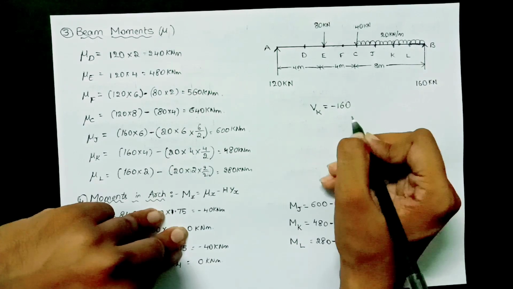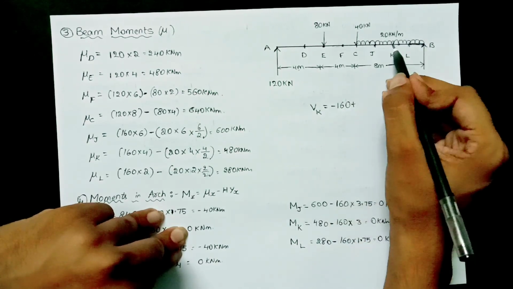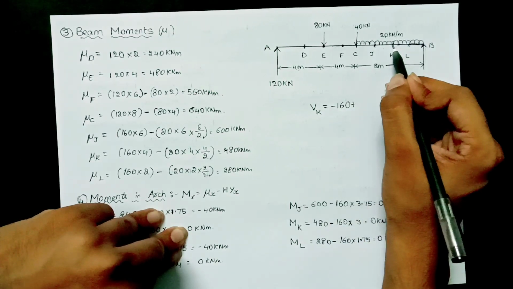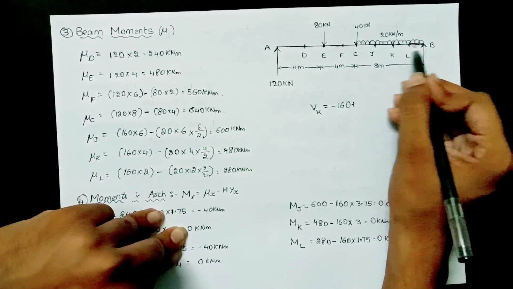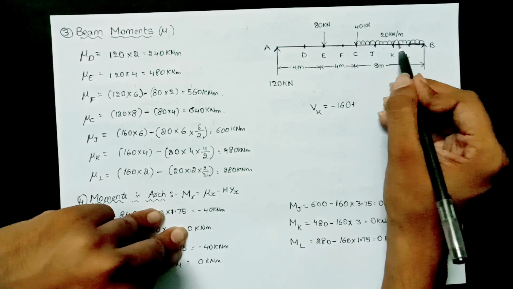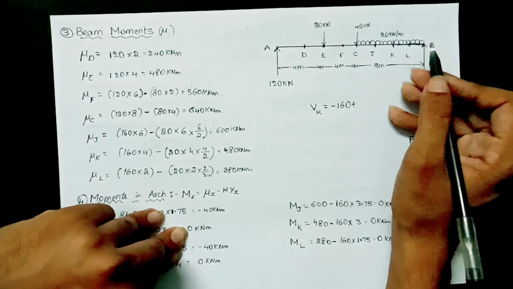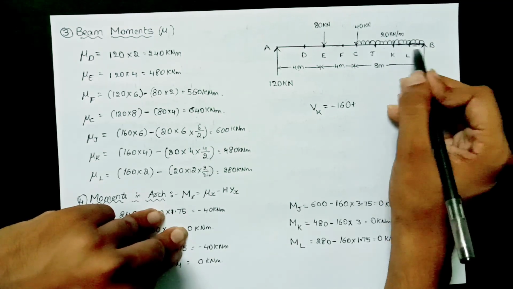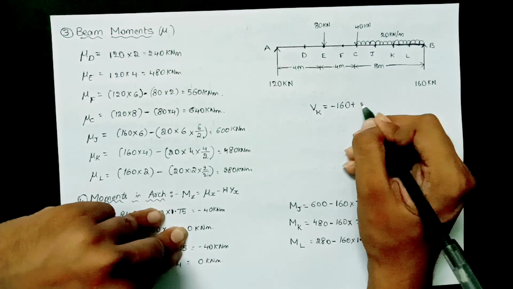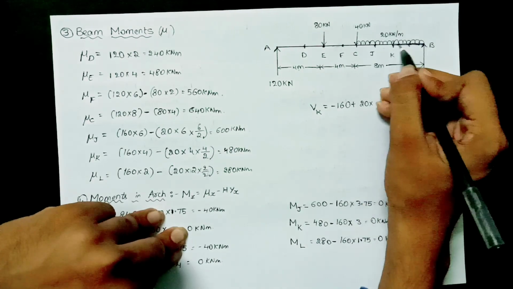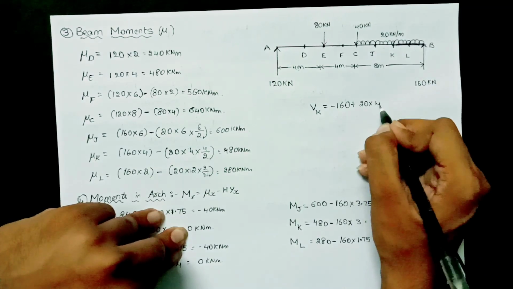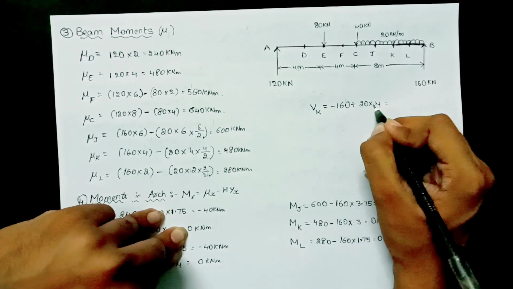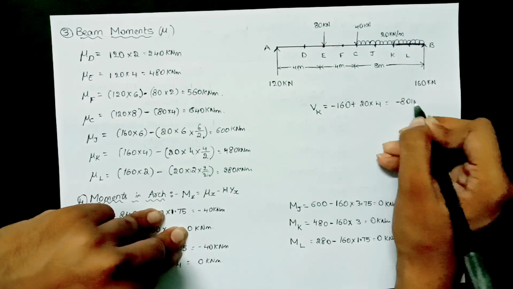So minus 160 plus, again to the right side of point K we also have the UDL up to this portion. This portion of UDL is also considered while calculating the shear force. So the load intensity into the length of this portion, which is 4 meters, gives 8. So minus 160 plus 80 is minus 80 kilonewton.